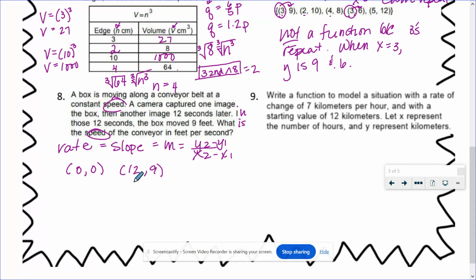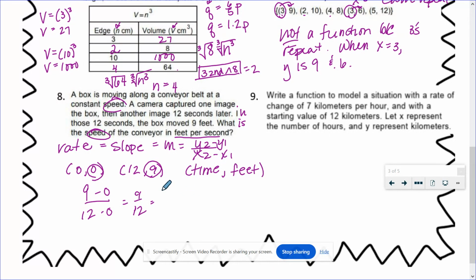Remember that time is always going to be our x value, and in this case, how many feet it moved is our y value. Because it says feet per second, I need to subtract the feet first. So 9 minus 0, subtract your y's first, and then 12 minus 0 is 9 over 12, which reduces to 3/4. Usually in word problems, we do convert it to a decimal, so that would be 0.75 feet per second.